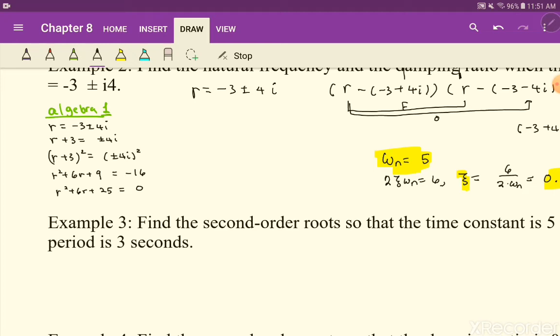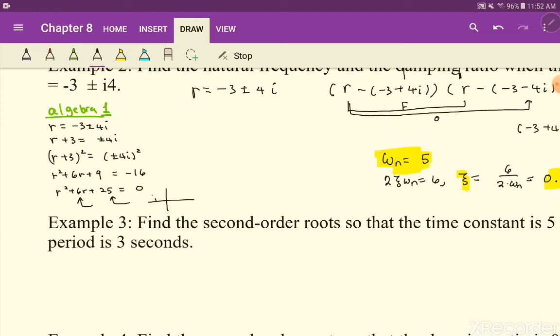This is a little bit easier. It's many steps, but usually when I see the roots, I can tell what the coefficients would be. This is usually twice the real part, and this is the magnitude. This is the length of the root. Not usually, always.